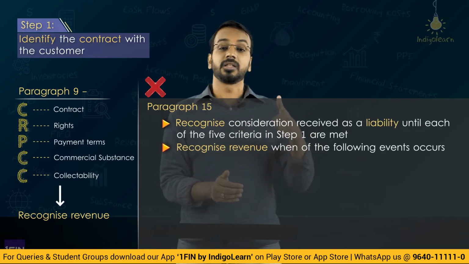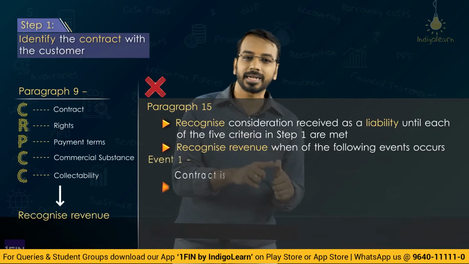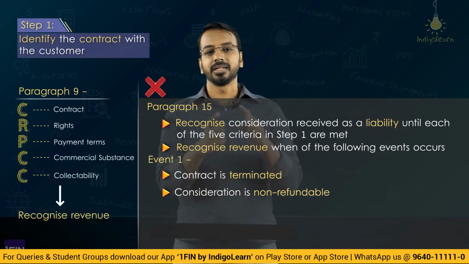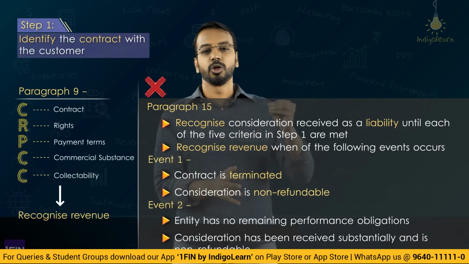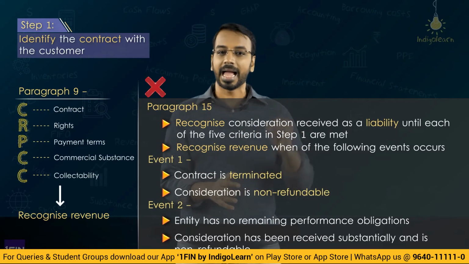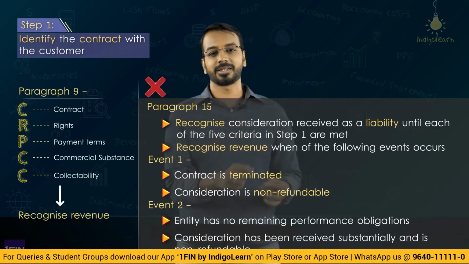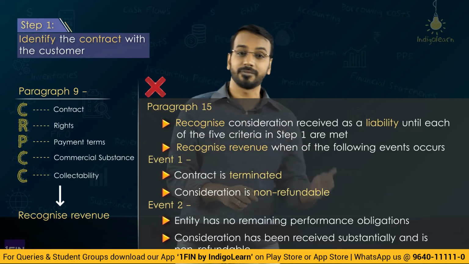What are those 2 events? The first event is that the contract is cancelled and the amount received is non-refundable, and the second case is the entity has no further obligation to transfer any goods or services and all or substantially all of the consideration promised by the customer is received and is non-refundable.